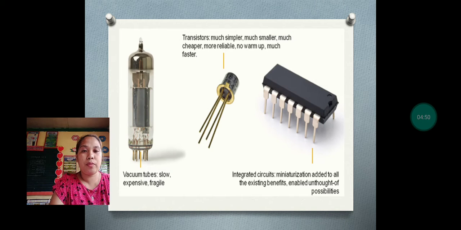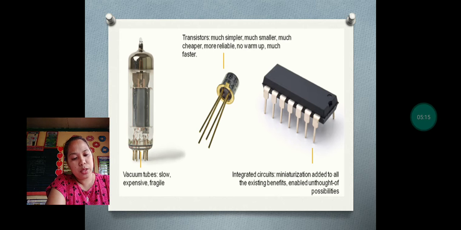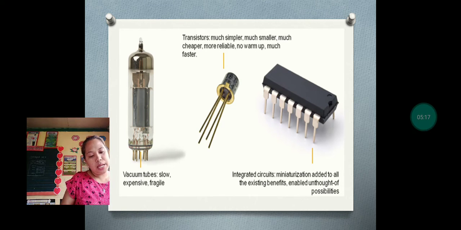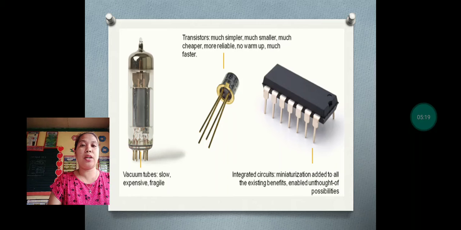Now this is what we call the vacuum tubes being used in the first picture, which looks like a tube, like a bulb. That is what we call the vacuum tube being used in the first generation computer, the main components of the first generation computer.